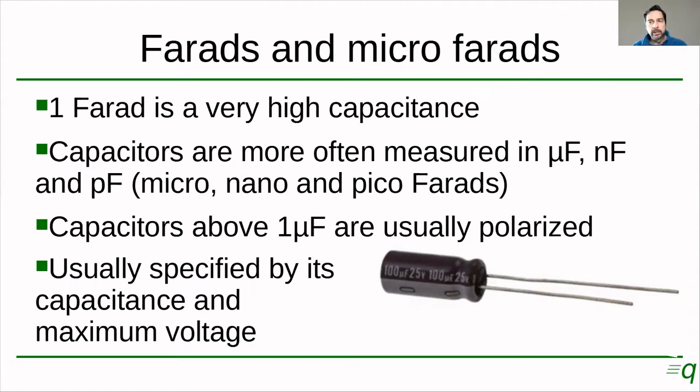But up to recently, the most you could get was thousands of microfarads. So capacitors are usually measured in microfarads, nanofarads, or picofarads. Capacitors above 1 microfarad are usually polarized like this one and are usually electrolytic aluminum capacitors.